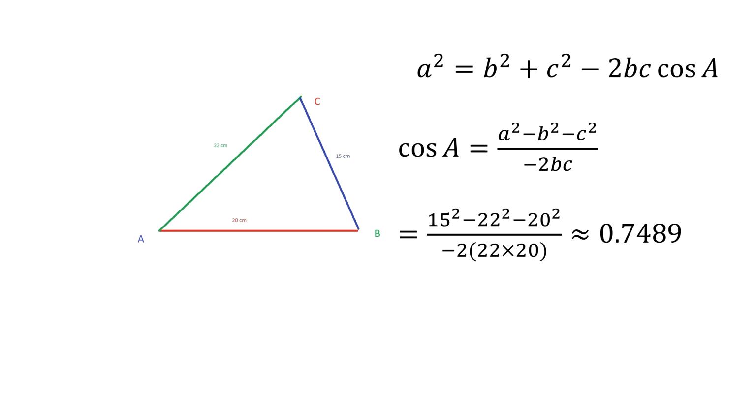So I'm going to solve this for the cosine of A. I got a squared equals b squared plus c squared minus 2bc cosine A. So I'm going to solve for cosine of A, and I get a squared minus b squared minus c squared, getting those to the other side, and I have to divide by a negative 2bc.